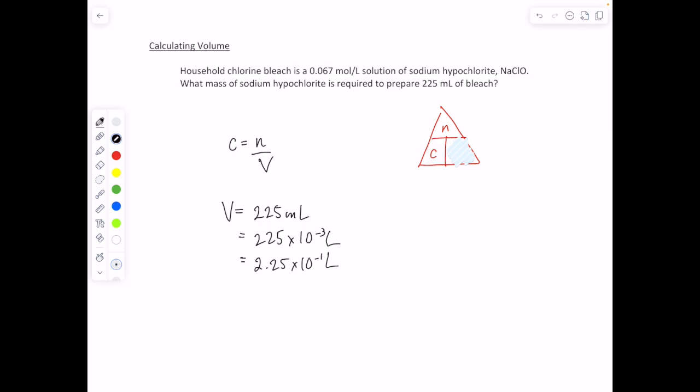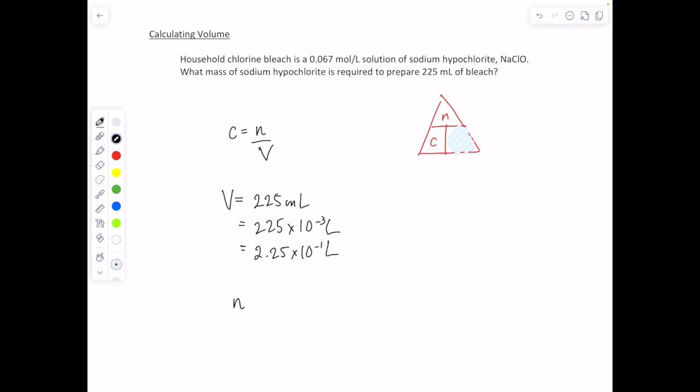Now the number of moles is equal to concentration times volume. The concentration is 0.067 moles per liter, and the volume we just calculated was 2.25 times 10 to the power of negative 1 liters.